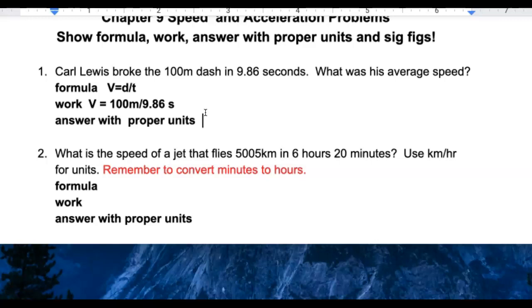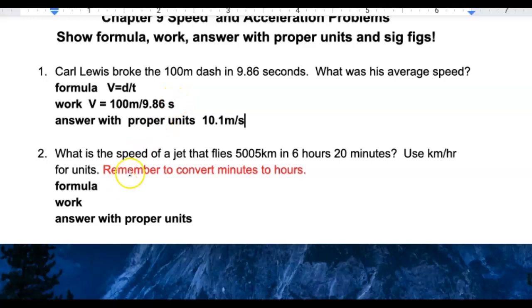Remember that when you have a distance like 100 meters, that can always have a decimal put in and added zeros to give you enough sig figs. So because my other number has 3 sig figs, I'm going to put my answer as 10.1 meters per second because I have to show each of the numbers.